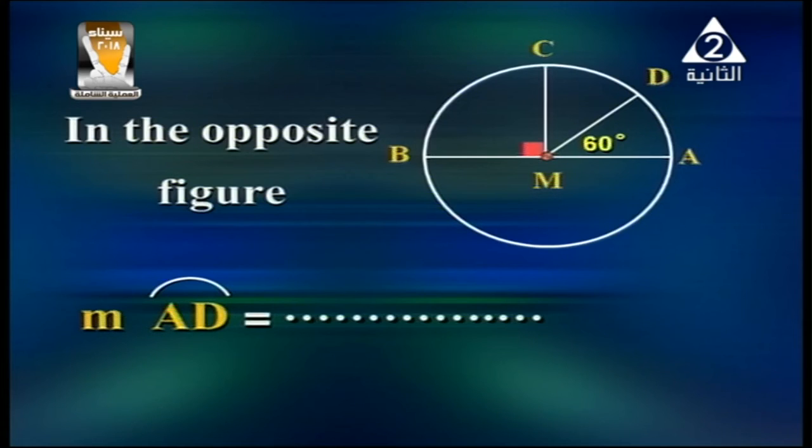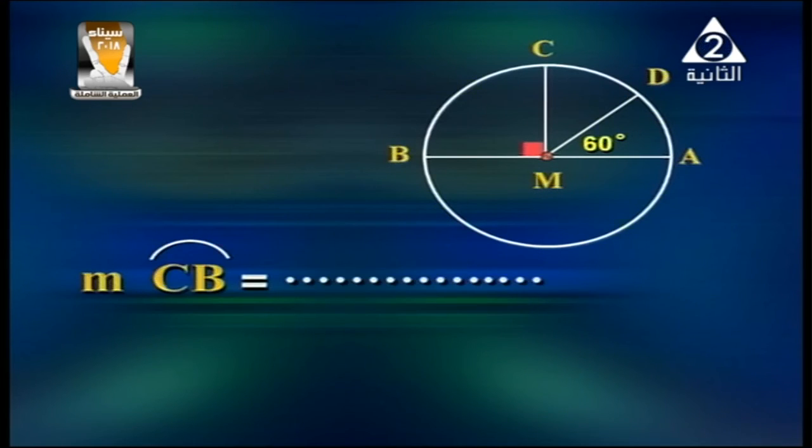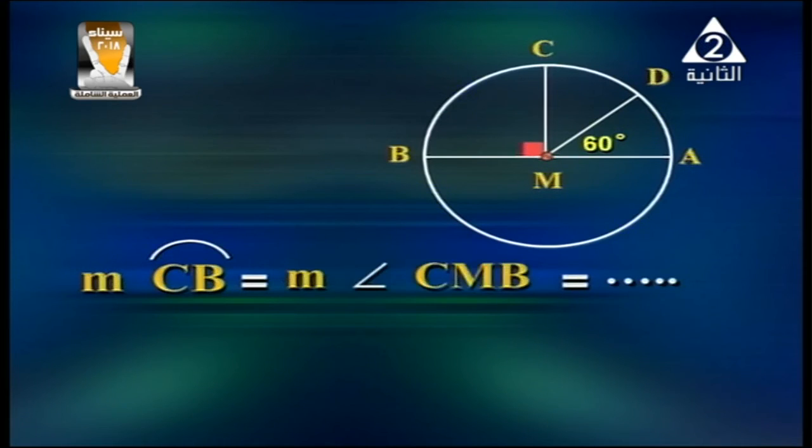So measure AD arc will be 60 degrees, which is equal to measure angle AMD equals 60 degrees. So what about measure CB arc? Yes, measure CB arc equals the measure of the angle subtending it. So it is equal to measure angle CMB, and it is going to be equal 90 degrees.